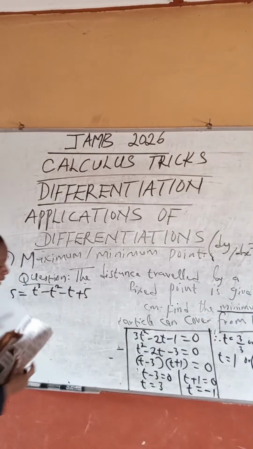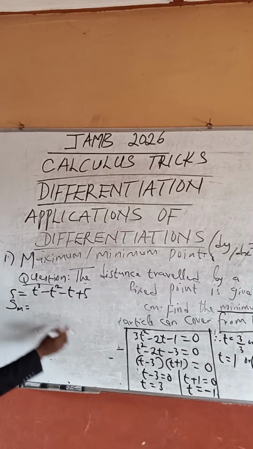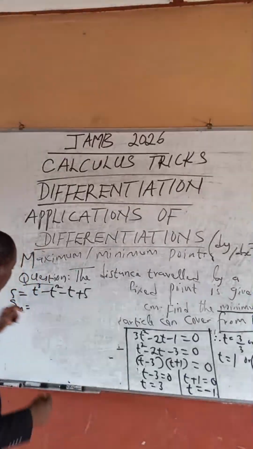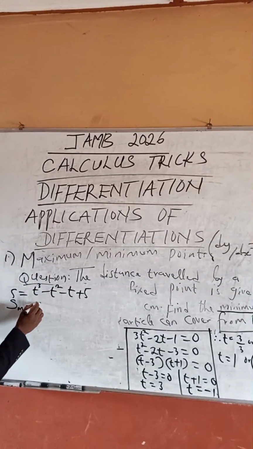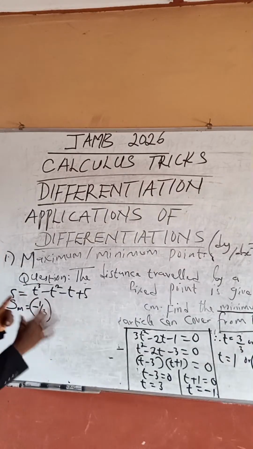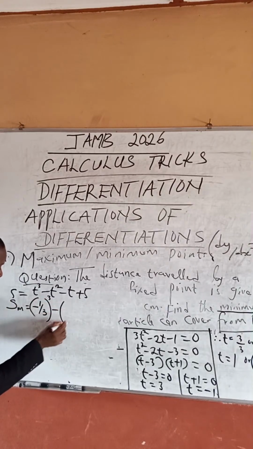Remember, it is in centimeters. So let's substitute to get the minimum distance, S subscript M. t is minus 1/3. Don't use the other one. Use minus 1/3 because it is the smallest time. Minimum time corresponds to minimum distance. I don't mean equal to, I mean proportional. So this is minus 1/3 raised to 3, minus minus 1/3 again here.